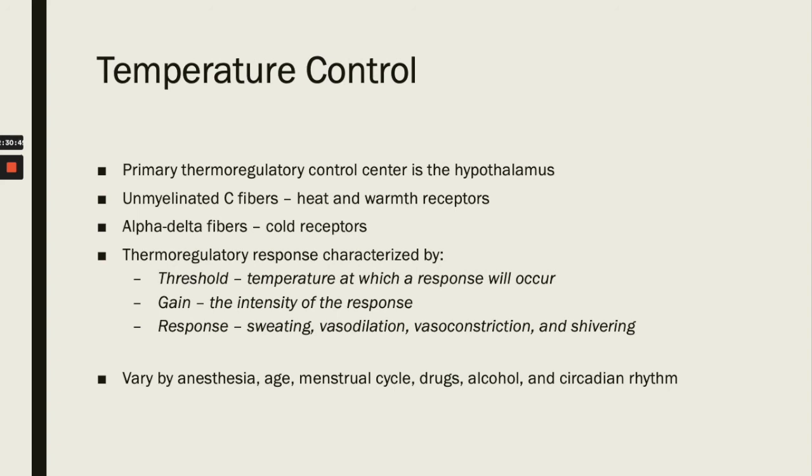So sweating is mediated by postganglionic cholinergic nerves, or acetylcholine, and vasodilation is mediated by the cholinergic system, and it diverts blood to the periphery where heat can be dissipated to the environment more easily, and it can lower our core temperature. And vasoconstriction and shivering are our primary responses to cold, as I said earlier, and they're mediated by alpha 1 and alpha 2 adrenergic receptors.